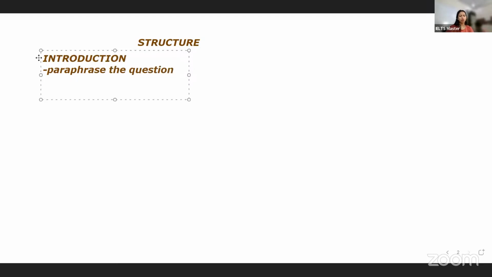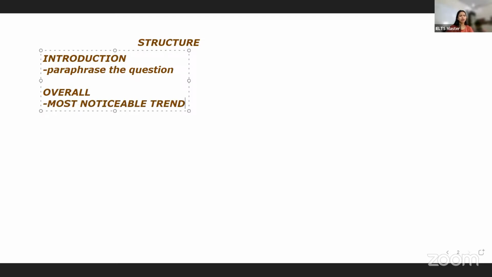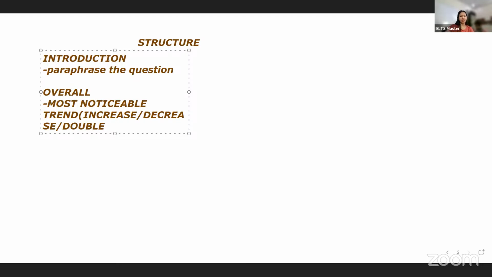Then we write overall. In overall, we write the most noticeable trend. It can be increase, it can be decrease, it can be something which got doubled, anything like that. Correct?